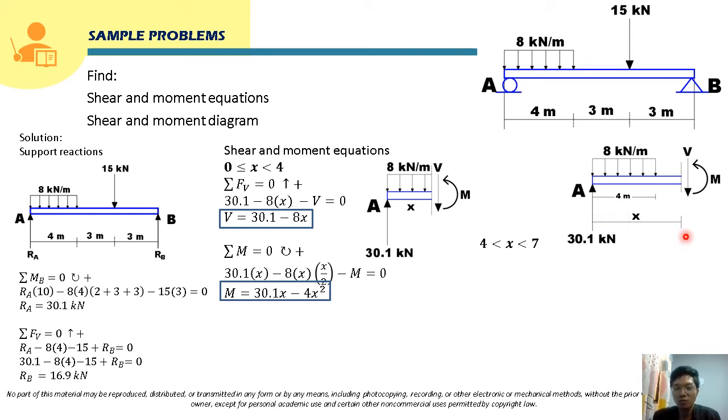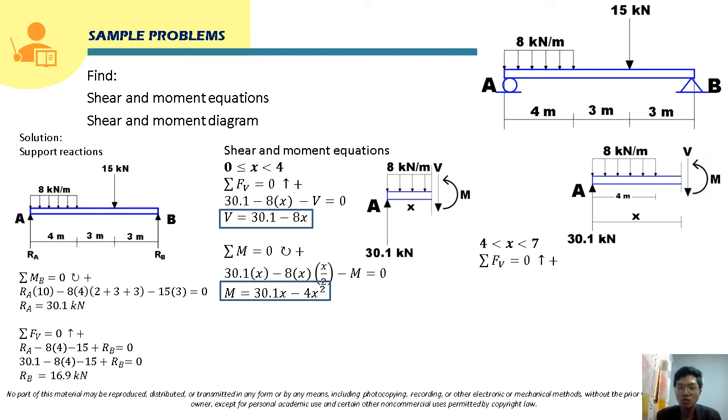So for this free body diagram of the left segment, of course there will be R sub A here, it will be included. And also, this 8 kilonewton per meter uniformly distributed load will also be included. And this is 4 meters, that distributed loading. And there will be an internal shear force V and internal moment at the cut section.